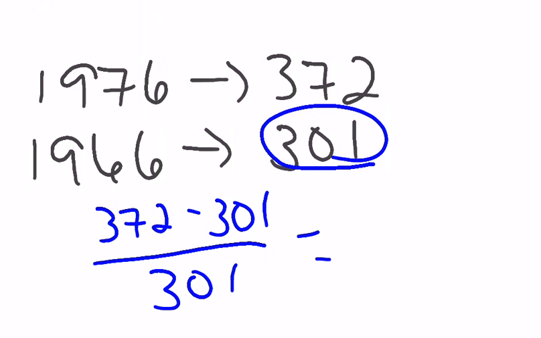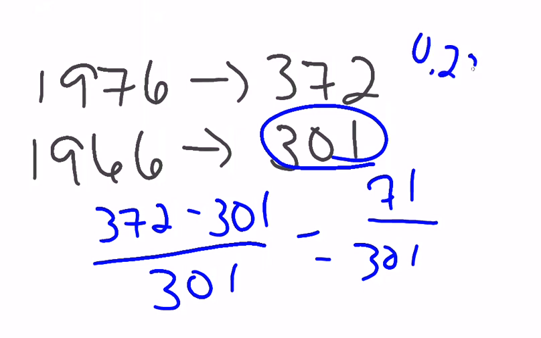So 372 minus 301 is 71 over 301, and then we actually want to divide that. It gives us a decimal, 0.23588. But remember, it says percentage increase, so we need to change this to a percent.